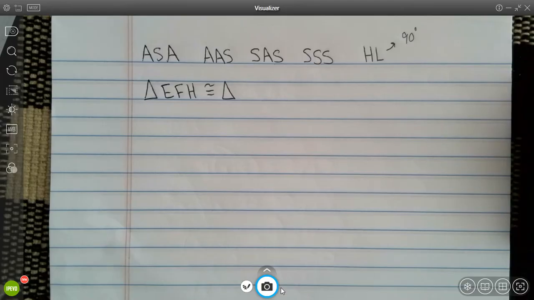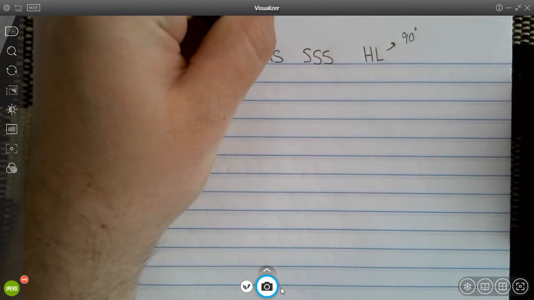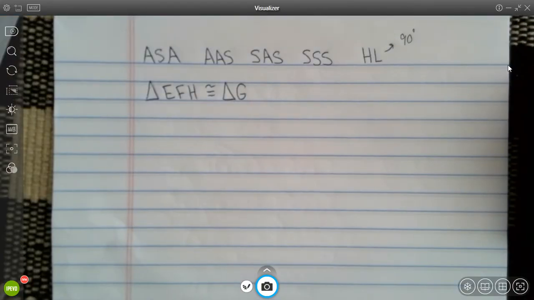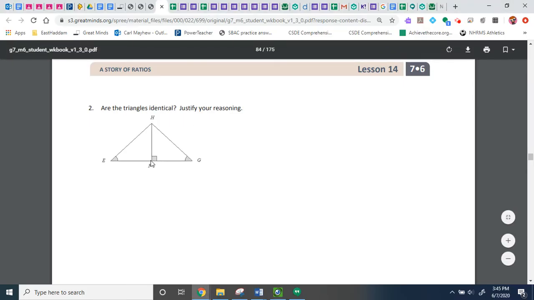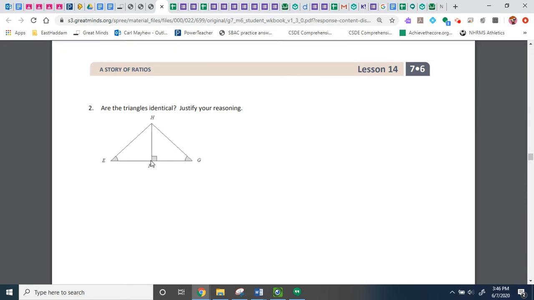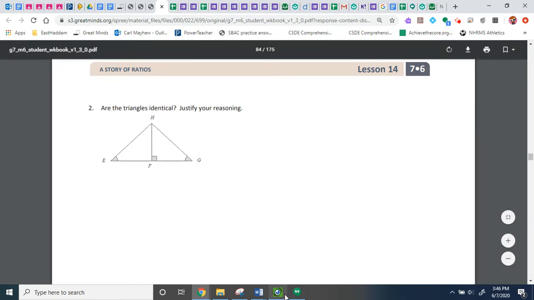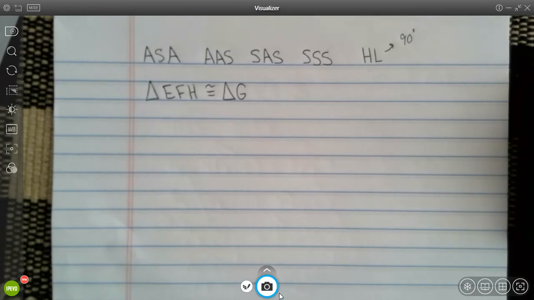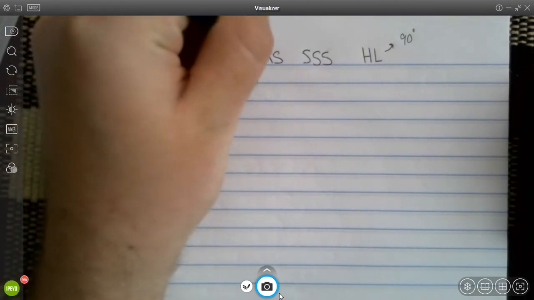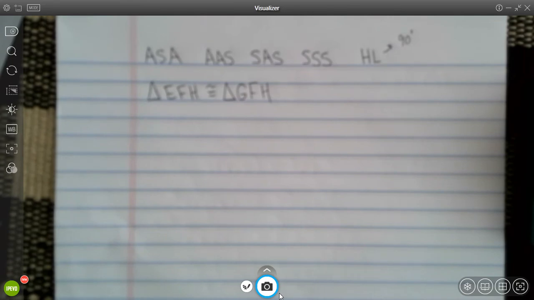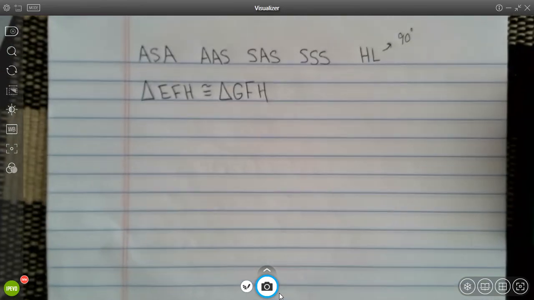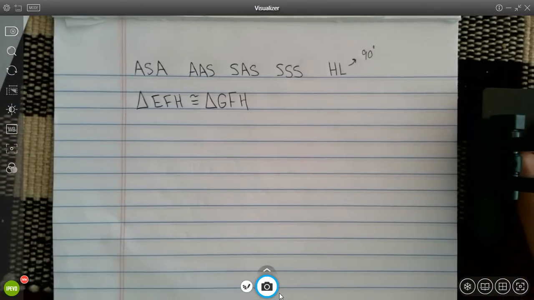So if we know that E corresponds with G, we know that that's going to be our first letter. Then we just have to decide whether F or H is going to come next. Well, the nice thing is that F should be F in both of the triangles. Same with H. When we're writing our triangle correspondence, the only thing that's going to be different is the first letter in both of those. For some reason, this is not zooming very nicely today.